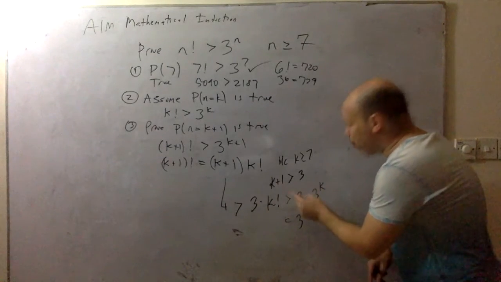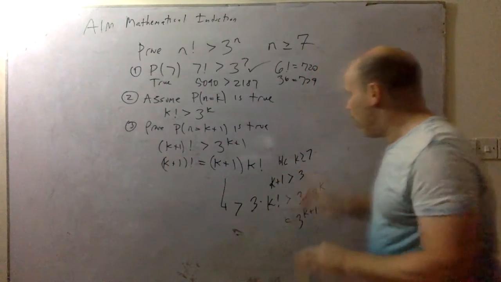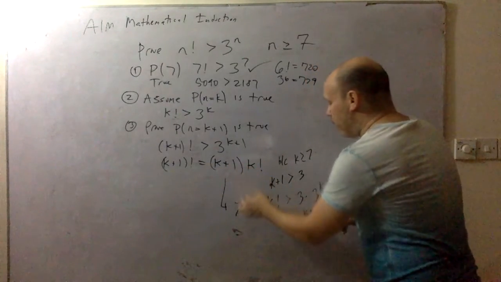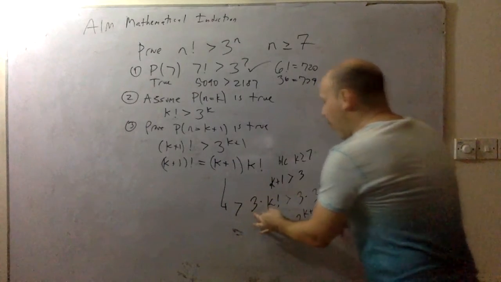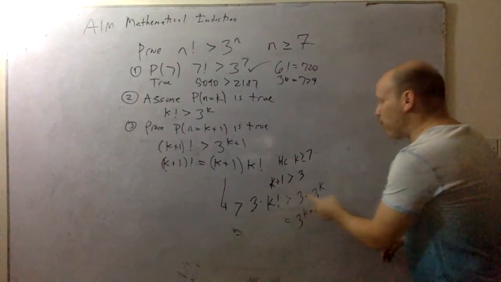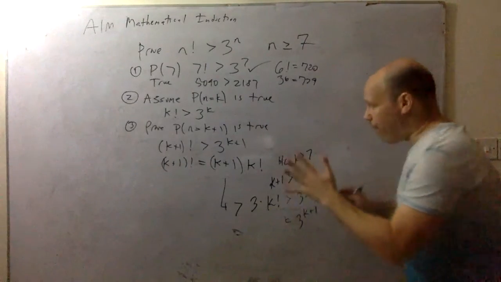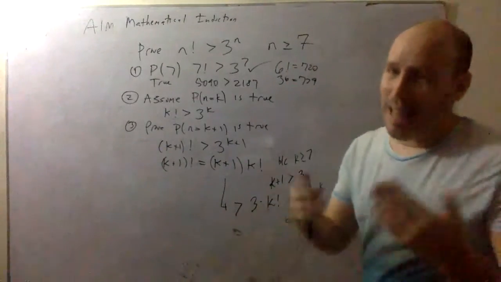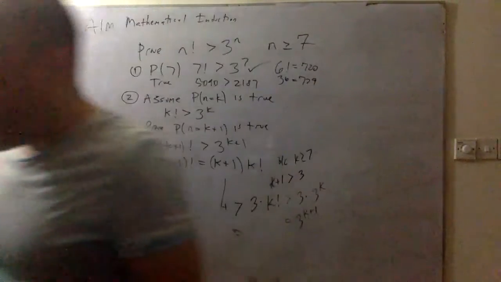And that's the logic. You know that k plus 1 is greater than 3. So k plus 1 times k factorial is greater than 3 times k factorial, which is greater than 3 times 3 to the k, which equals 3 to the k plus 1. Therefore, we just proved it. That's the whole thing. It's a little weird, but we'll practice it a couple of times in class.